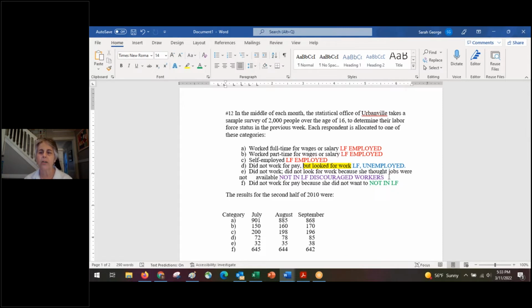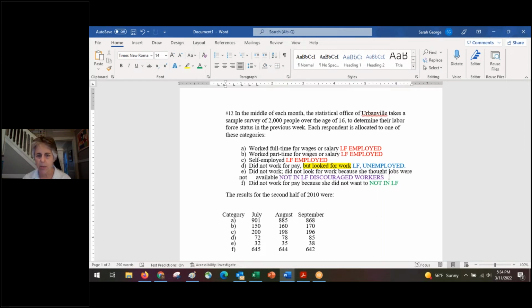And so they quit looking. Maybe they took early retirement. Maybe they decided to be a full-time parent at home. Maybe they decided to work under the table in their garage. I don't know. But they are not in the official labor force. They're not employed. They're not unemployed. They are not in the labor force.